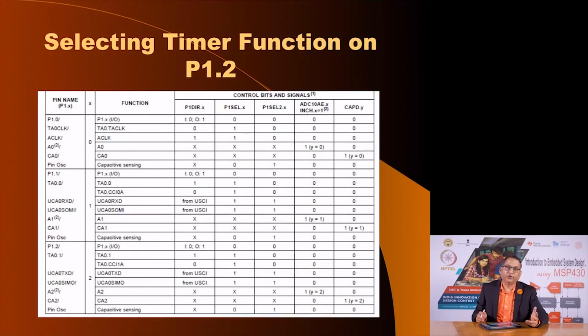Since we are going to capture the incoming frequency on P1.2, let us see which signal that is. Here is the P1.2 signal. We want to select capture compare register 1. It is an input, so the direction of that is 0, and the PSEL and PSEL2 bits are 1 and 0. That puts P1.2, that is port 1 bit 2, as timer capture compare input. That is what you have to write in your program.